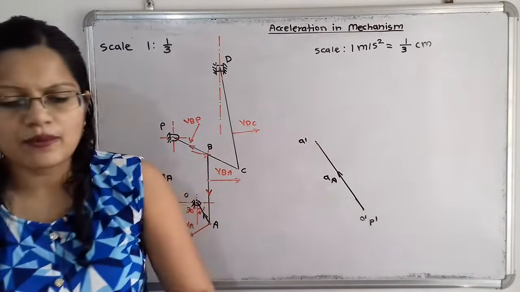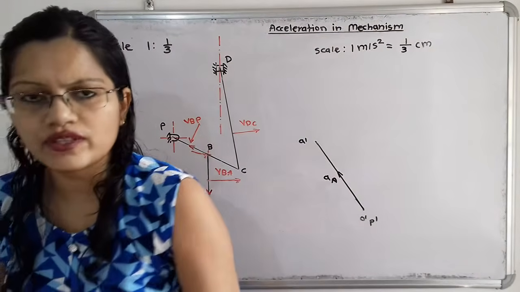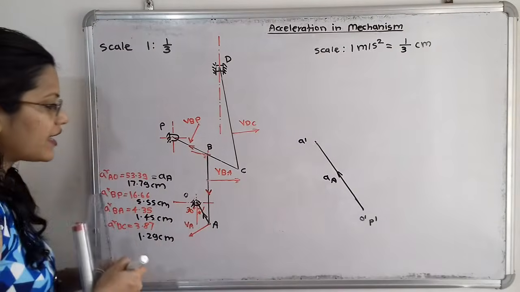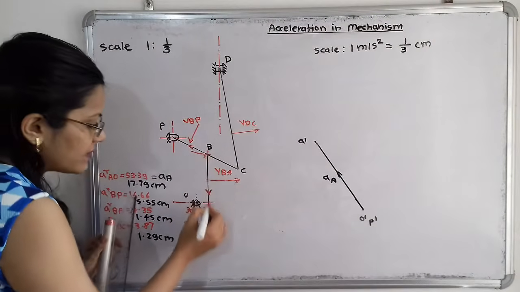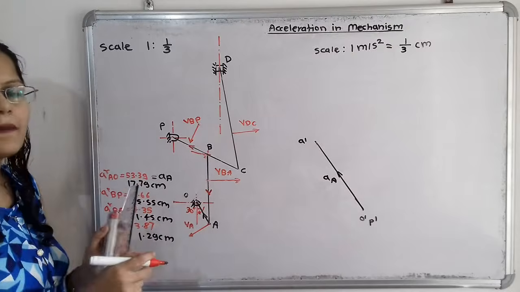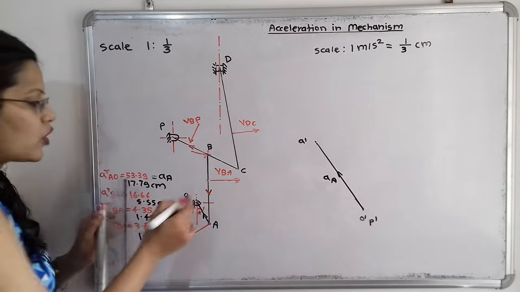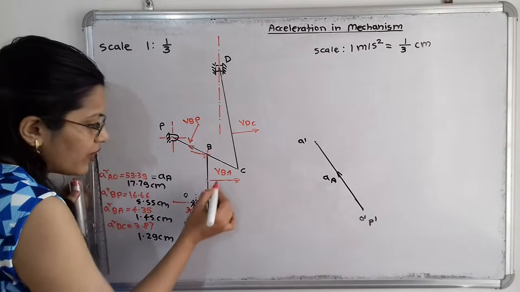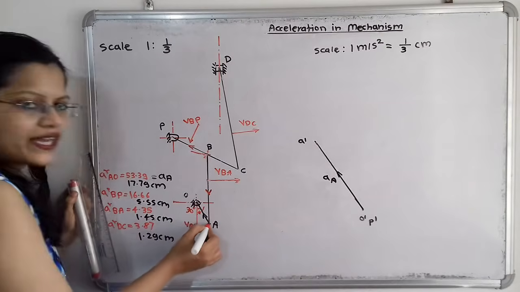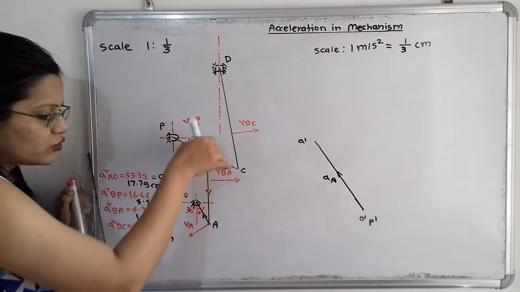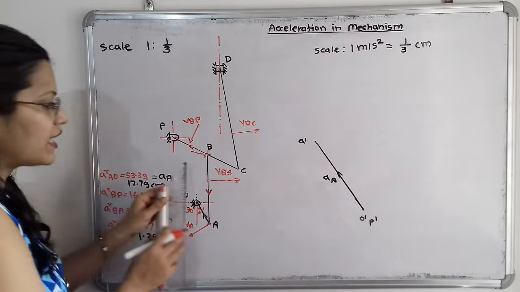I will show this radial component of acceleration with the help of a red marker. Again we have to take the line parallel to this link AB. But in which direction do we have to draw? Here, for the velocity of B with respect to A, A is the center, so the direction is towards the downward direction.